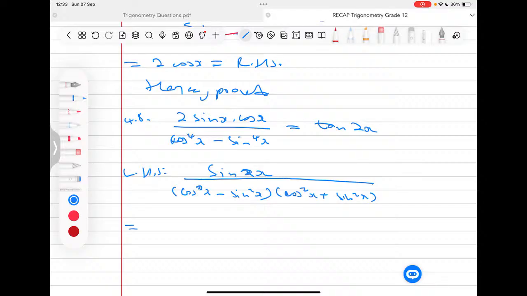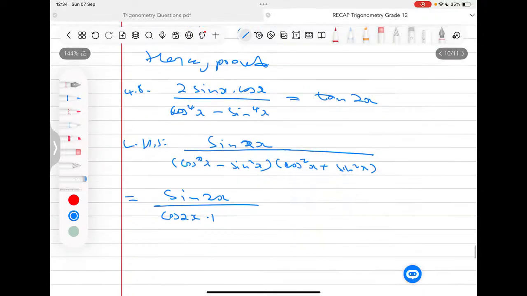And at this stage, if we go down here, we know that this is going to be a 1, and this is a double angle formula for a cos. So I'm going to have sine 2x divided by cos 2x, right? And here we're multiplying by 1, because this here is a 1.